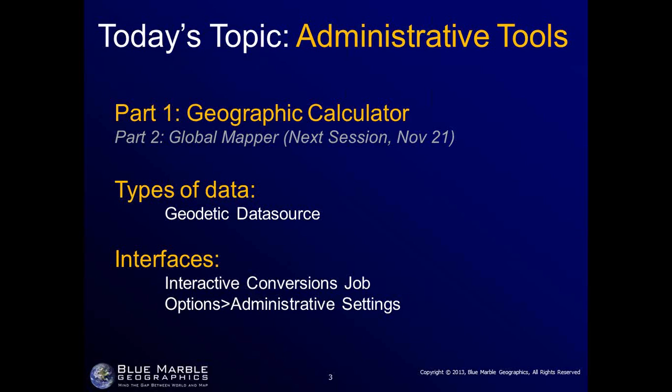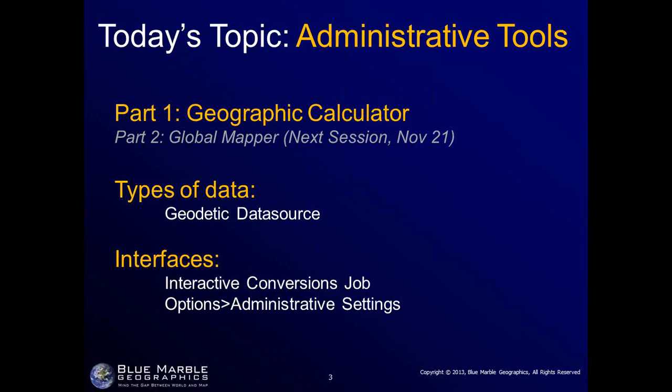In today's session, we're focusing purely on those tools in the Geographic Calculator. For those of you who are only Geographic Calculator users, this can be a standalone webinar. For those of you who have access to Global Mapper as well, you can use this to add on in the next session that's coming up in a couple of weeks.